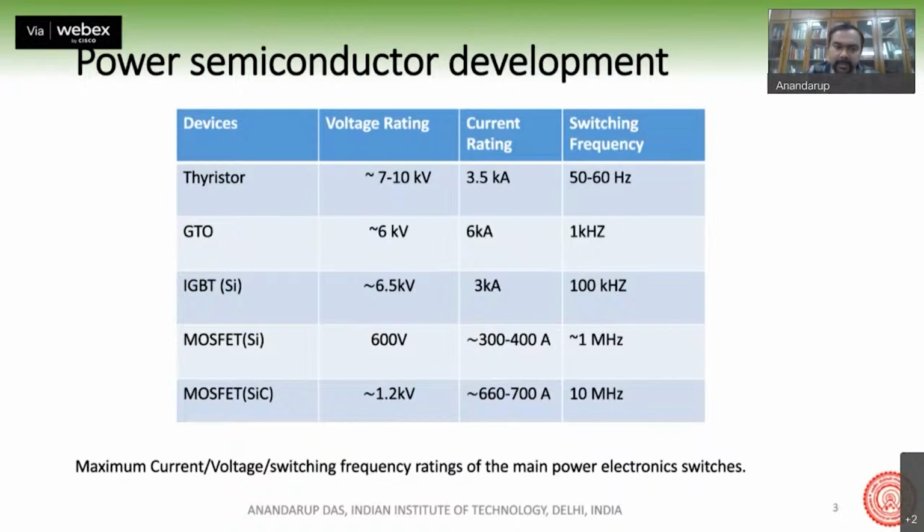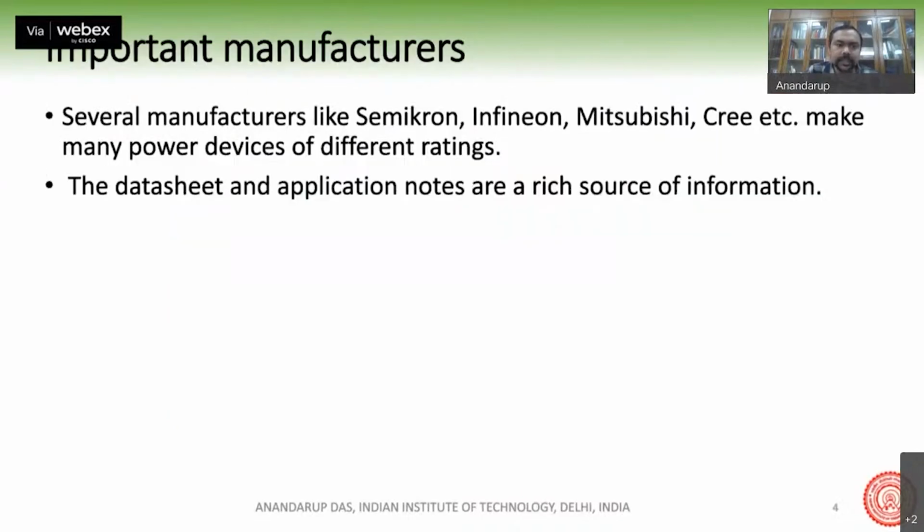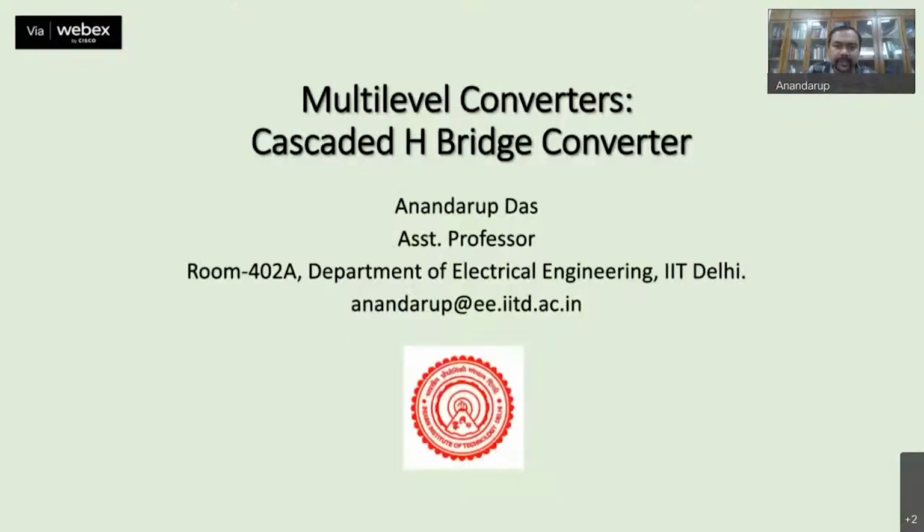We expect that in the near future, silicon carbide is going to be the most dominant player in this market. Thyristors are still used, but again in very specific applications. There are several manufacturers, and you can see some of these manufacturers and how the data sheets look.